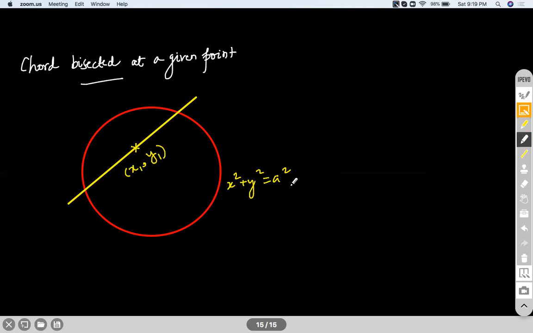Find the equation of this chord, or prove that the equation of this chord is given by x x1 plus y y1 is equal to x1 square plus y1 square.